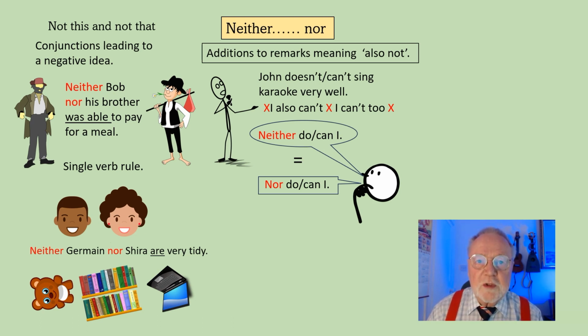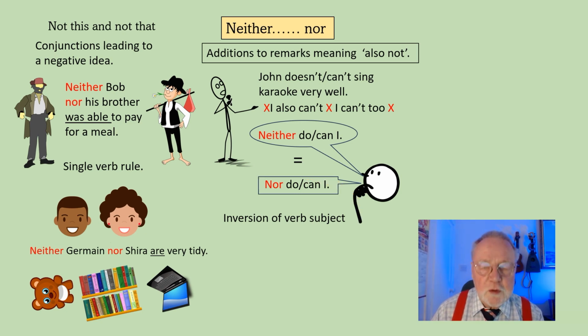The reply we would use, which is very useful, is neither do I or neither can I. We could also substitute nor. Nor do I, nor can I. But the important thing to notice here is that we have inverted the subject and the verb. Nor do I, nor can I. I has gone to the end of the sentence.